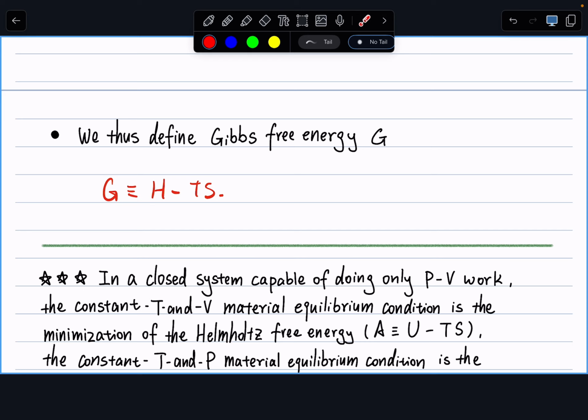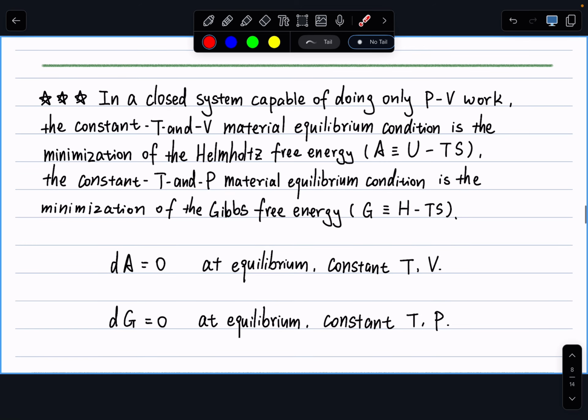Right, so these parts are just definitions of these terms. And again, if we're giving it a finer definition with all the terms stated out, it's saying in a closed system capable of only doing PV work, the constant temperature and volume material equilibrium condition is the minimization of the Helmholtz free energy, where the Helmholtz free energy A is defined as internal energy minus TS, an extensive state function.